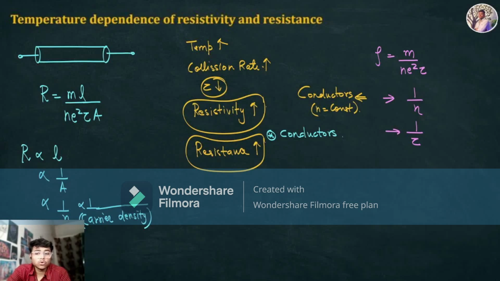This is a formula we all know: R is equal to ml upon ne squared tau A. You don't have to take tension. You just have to solve numericals, and you will learn all these formulas by doing so.